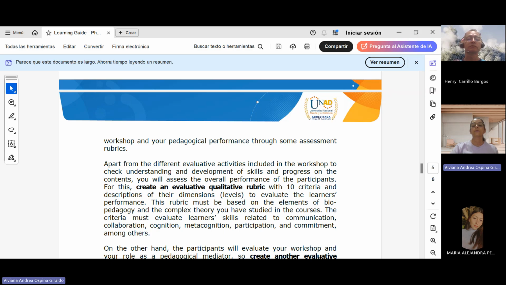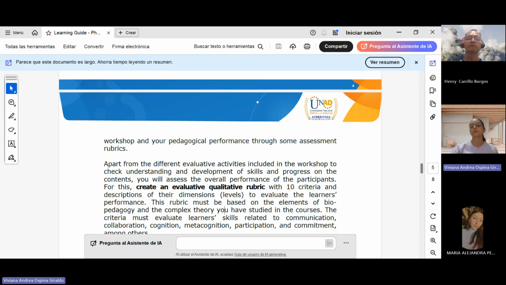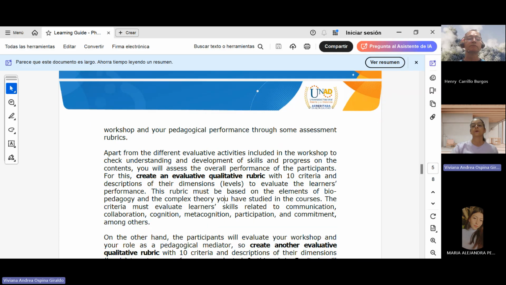Create an evaluative quantitative rubric with 10 criteria and performance levels. So this rubric needs to have at least 10 criteria and have different descriptions of their dimensions to evaluate the learner's performance. So it must be based on the elements of biopedagogy and complex theory you have studied in these courses.